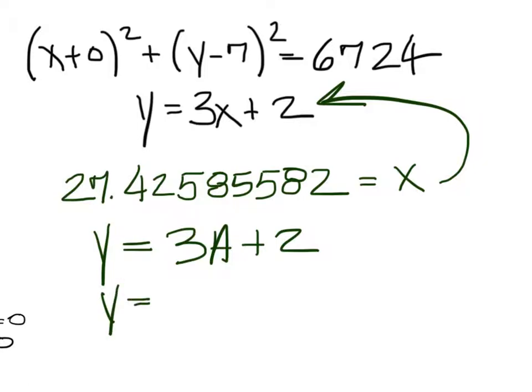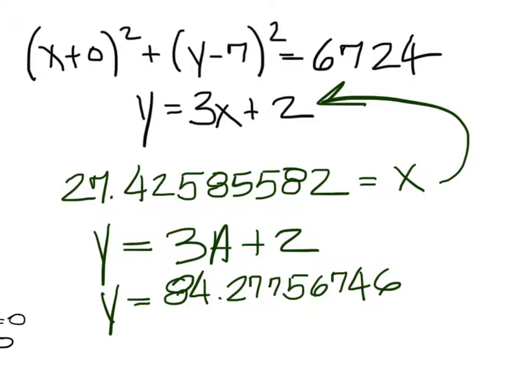So in my calculator I'm going to do 3 times alpha A and then plus 2. And here's what I get back: 84.277564746. Okay.